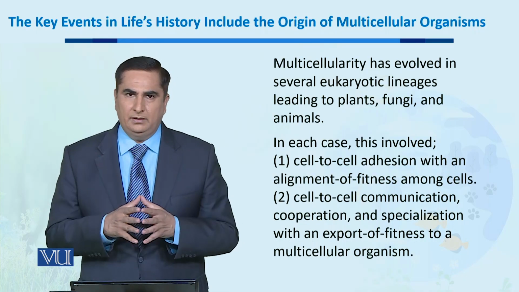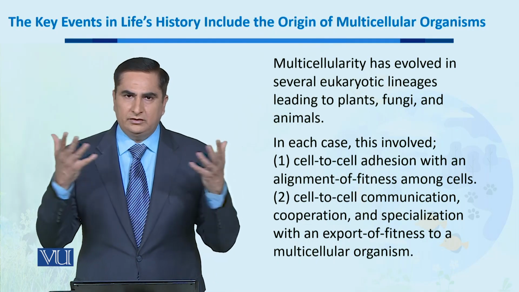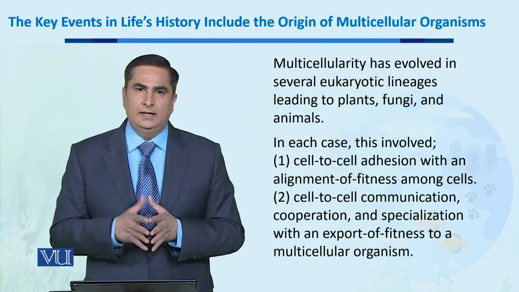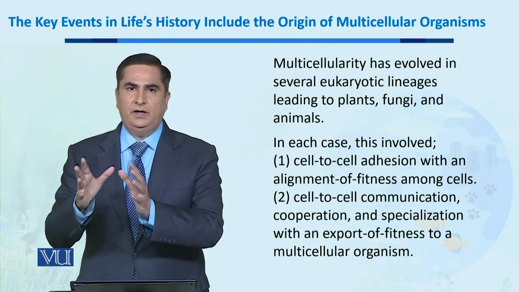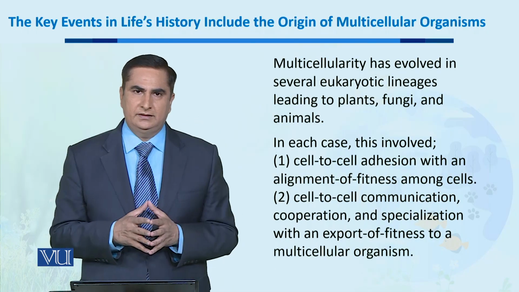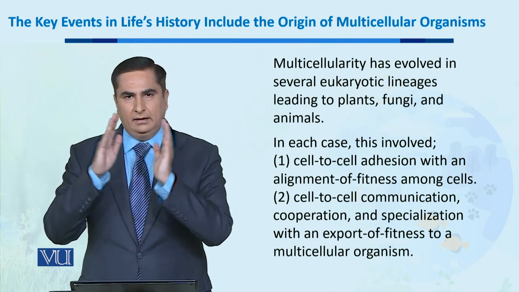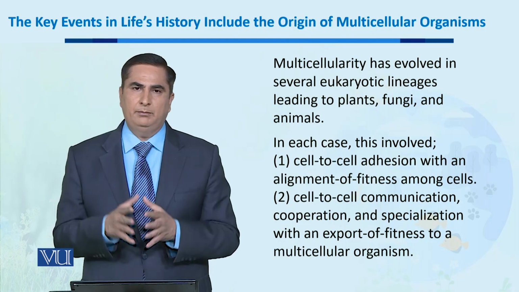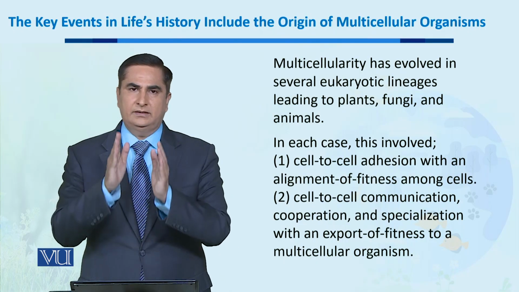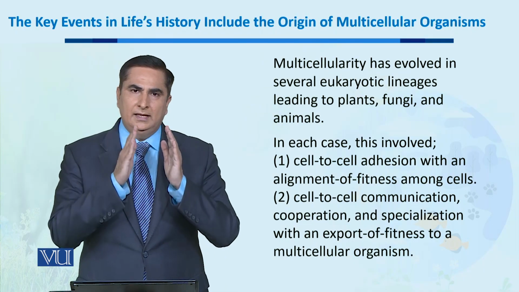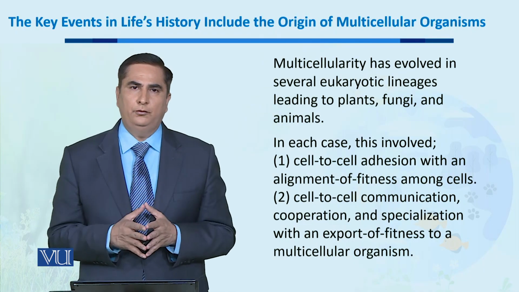We take the example of modern-day multicellular animals, including humans. Humans have different organs for different functions. Not every organ has all types of functions. For example, some organs of the human body are specialized for taking in and digesting food.